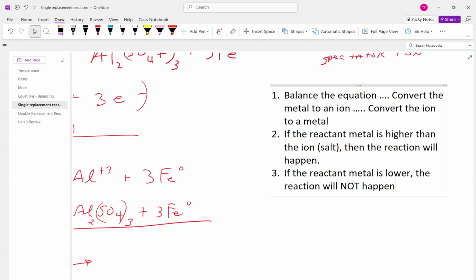So let's do a couple more of these. Okay, do these steps make sense? Reasonable? Everyone say yes.